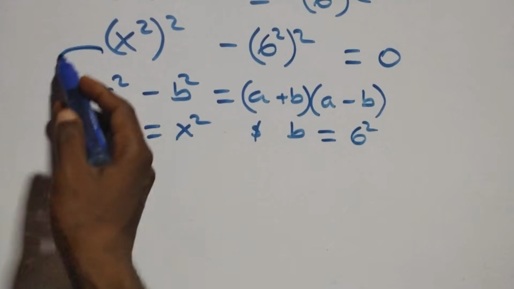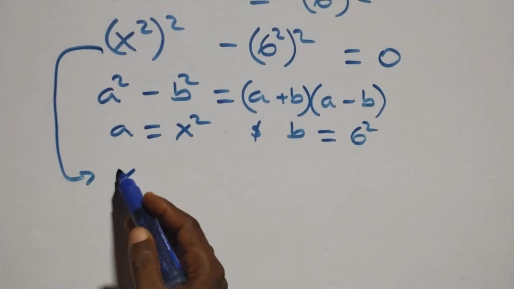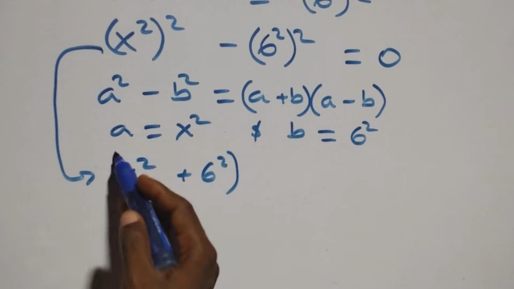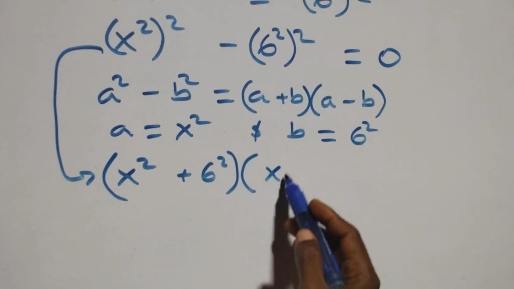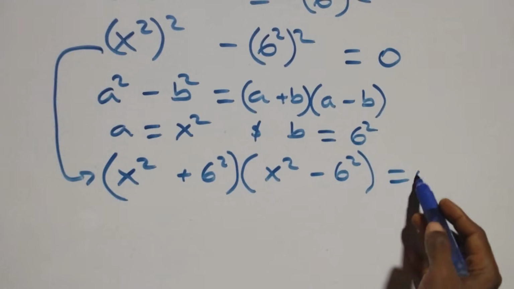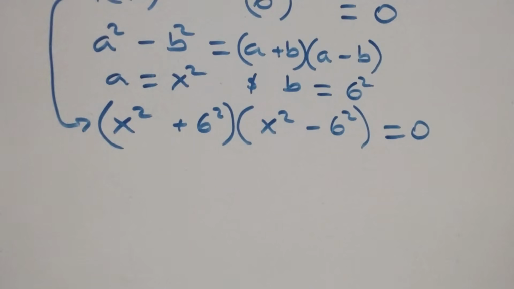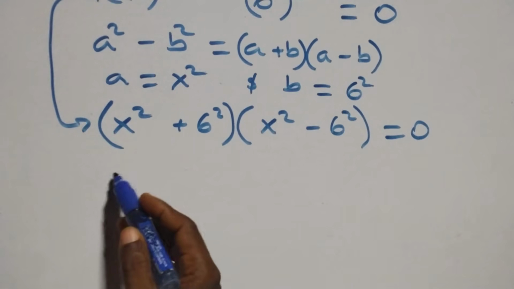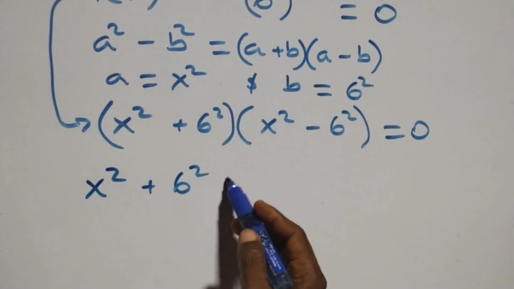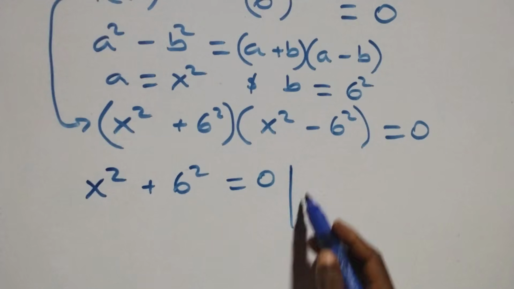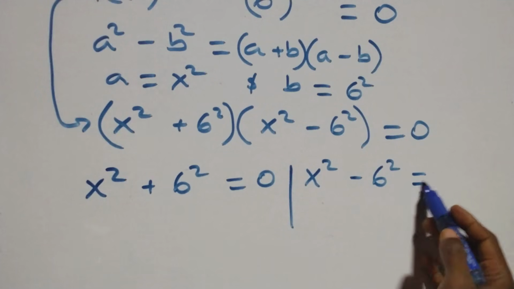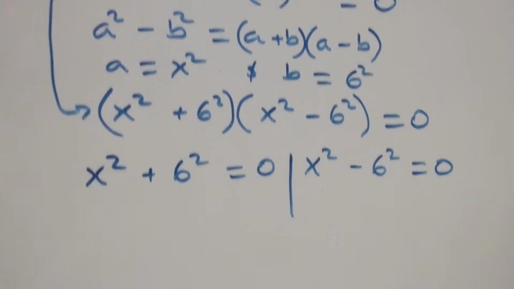What we have here becomes x squared plus 6 squared, open bracket, x squared minus 6 squared, close bracket, equals 0. Then we have two possible cases, that is x squared plus 6 squared equals 0, or x squared minus 6 squared equals 0.